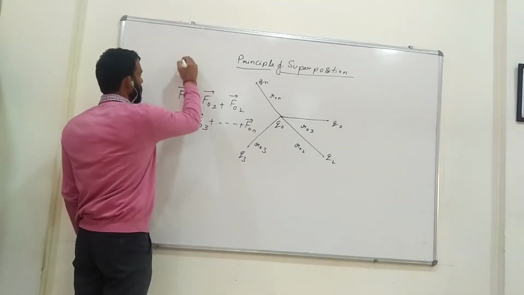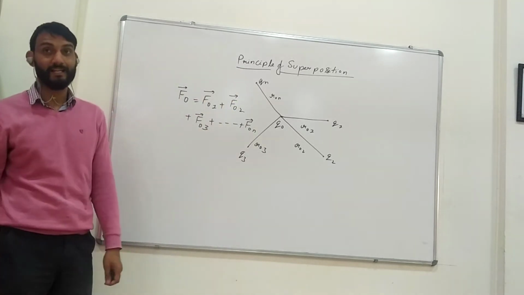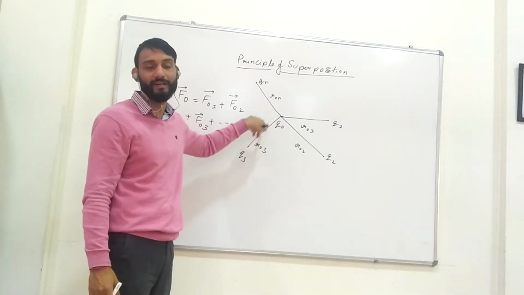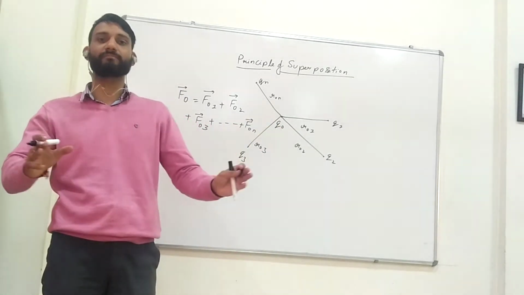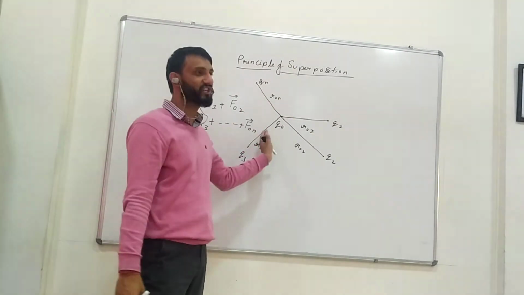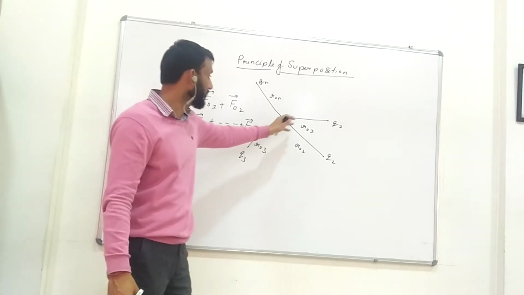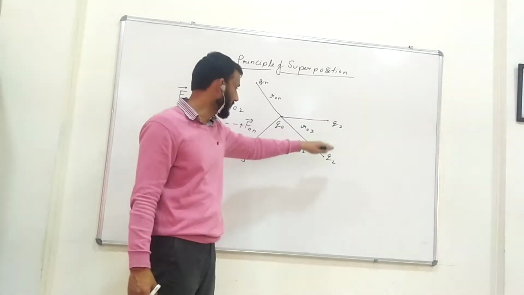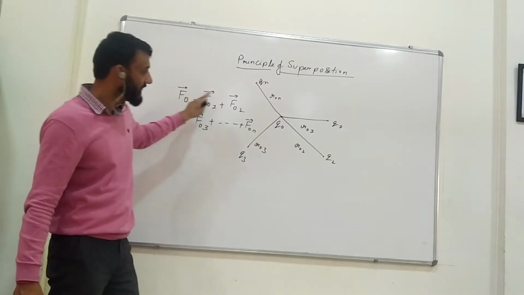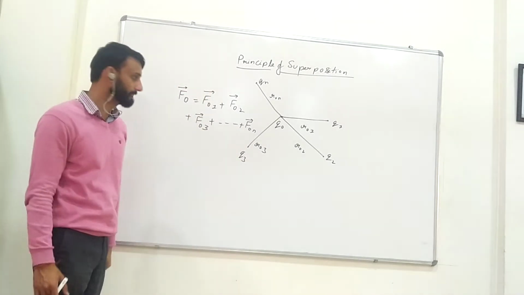So this is what the principle of superposition states, that the net force on this charge or any charge surrounded by number of charges will be the algebraic sum of all the forces by all other charges acting on that particular charge. Similarly, this will be truly holding for Q1 as well. If you want to calculate the force of all these charges on this, that will also be the sum of this. Similarly for this and any number of charges.